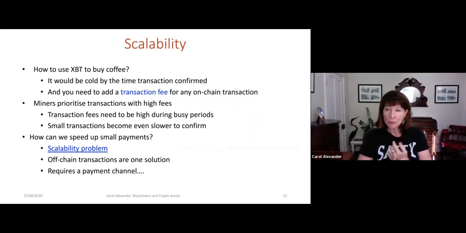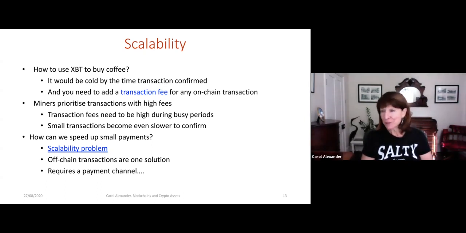Now, one of the problems with this network is if it takes 10 minutes to build a block, how are you going to buy a cup of coffee with Bitcoin? First of all, the coffee would be cold because it'll be at least 10 minutes and probably more like an hour before your transaction is confirmed.